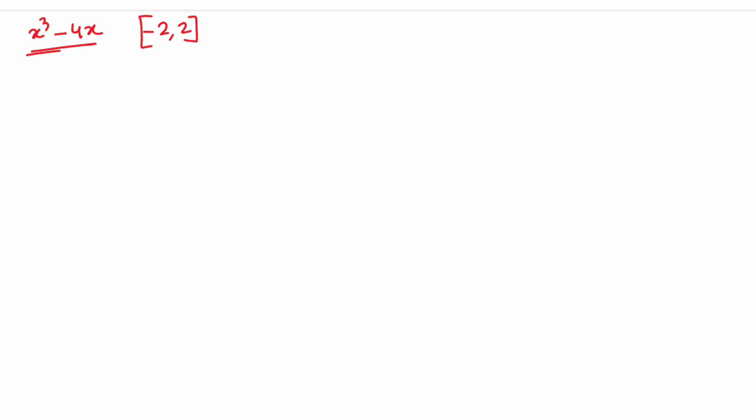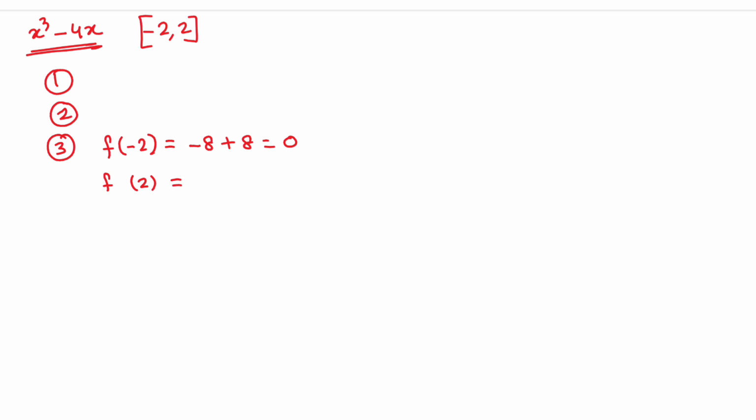First, obviously it is polynomial, so first two conditions satisfied, continuous and differentiable. Now third condition, you have to find out the functional value f of minus 2. So this will be minus 8 plus 8, this is equals to 0, and f of plus 2, so this will be 8 minus 8, so this is equals to 0. That means all the three conditions are satisfied.